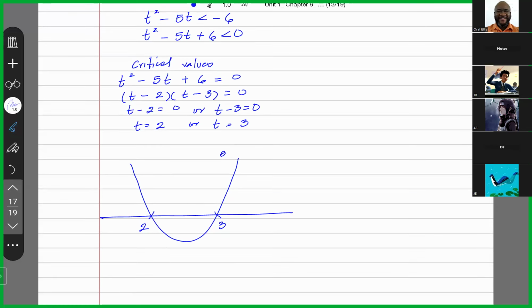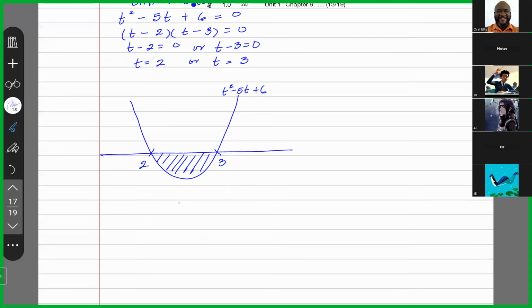This is the graph of t squared minus 5t plus 6. And the values for which the graph is less than 0 are the values of t between here. So our solution is t is less than 3 and at the same time is greater than 2.